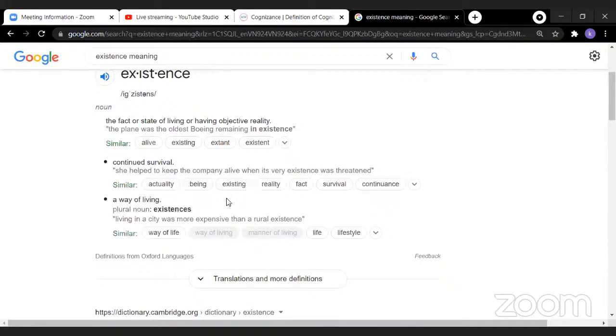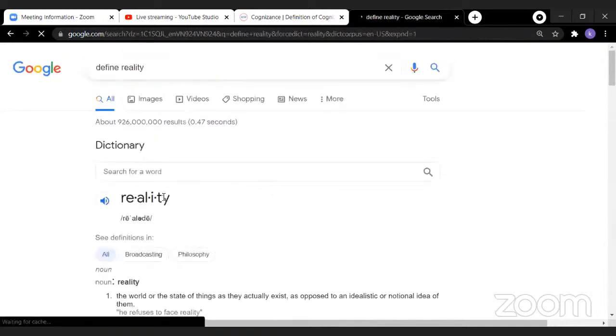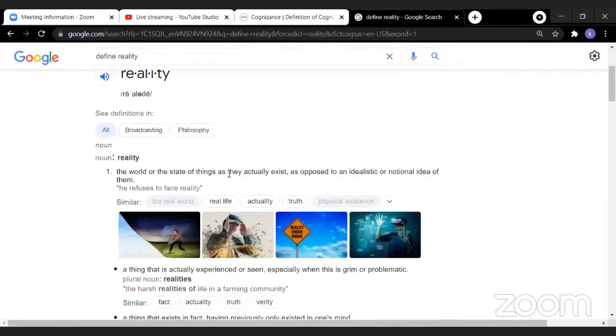Y'all hear people say that? Reality. Remember reality, the meaning of reality? Reality: the world or state of things as they actually exist, as opposed to an idealistic or notional idea of them.